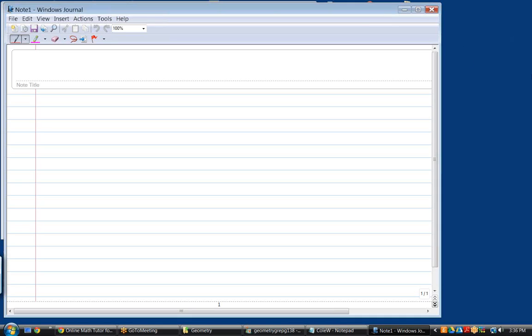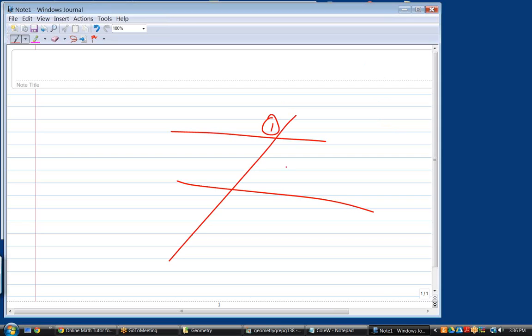We've talked about parallel lines and transversals. We know if that line is parallel to that line, and there is any kind of a transversal, then this angle 1 and this angle 2 are supplementary to one another.